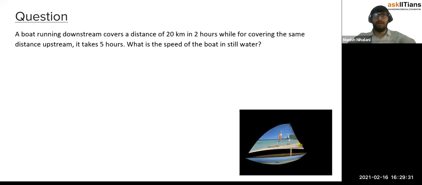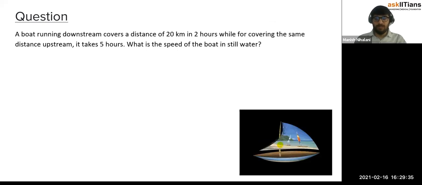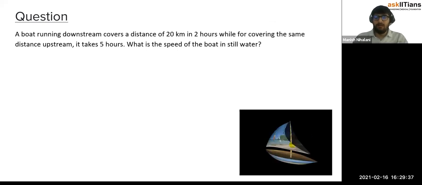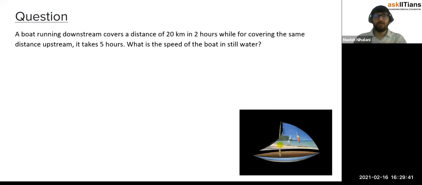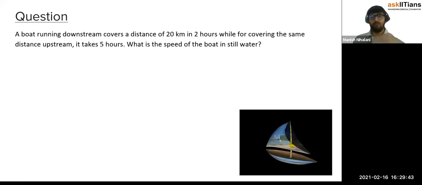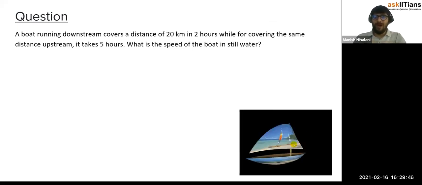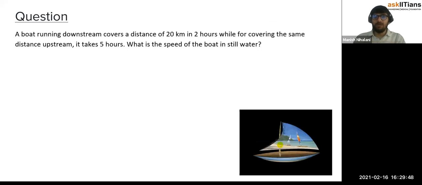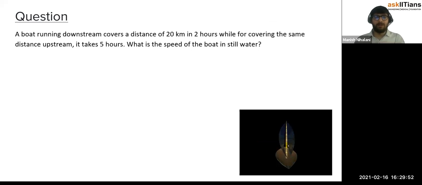So it's quite clear that when your boat is running downstream, it will have greater speed than it will have upstream, right? Because when it's flowing with the flow of the river, the river will also push the boat forward. So both the speeds would be added in that case.